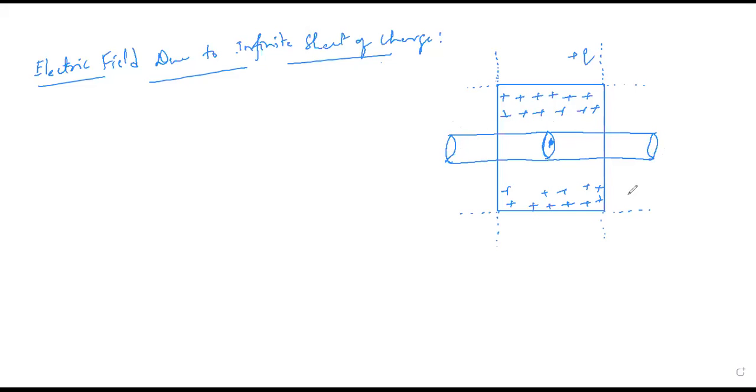Like this we have to take it, and the distance from here to the center is also taken as R, the distance from this particular point P to this one. So there are two chances: this is P1 and this is another point P2. In the same way, we have to take both, and this is the Gaussian surface we have taken.